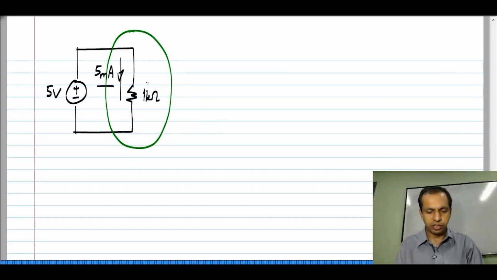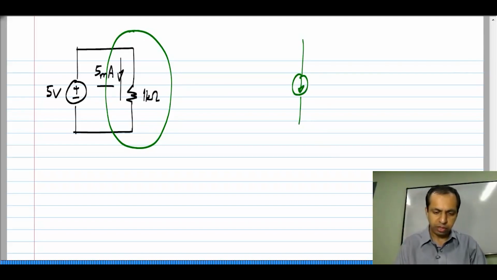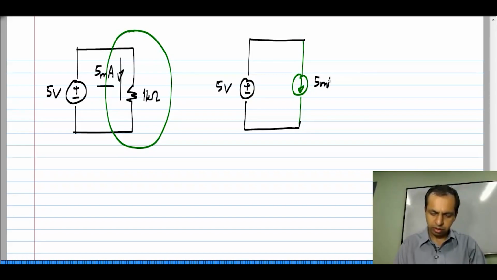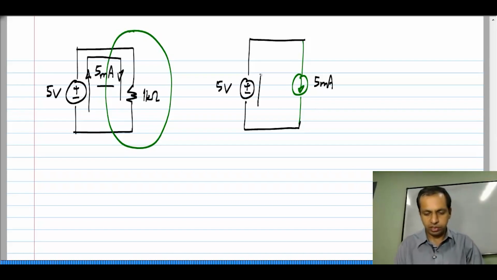According to the theorem I just stated, I have to substitute it with a 5 milliamp current source. Okay. Now, what was the current originally flowing through the 5 volt source? It is 5 milliamps upwards, and in this case also it is 5 milliamps upwards, okay, in the voltage source. So, the circuit conditions have remained exactly the same. Of course, this is a very trivial example.